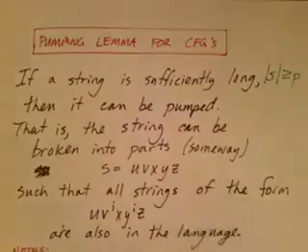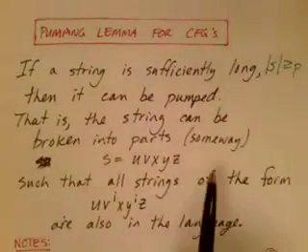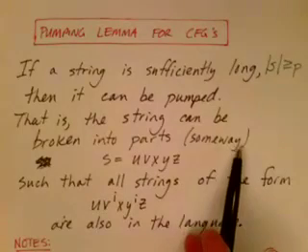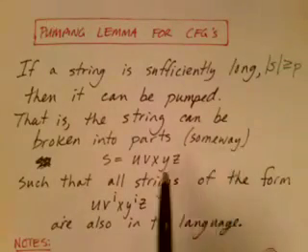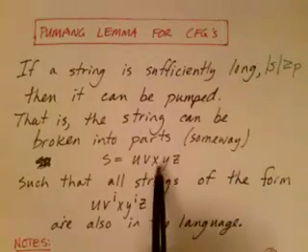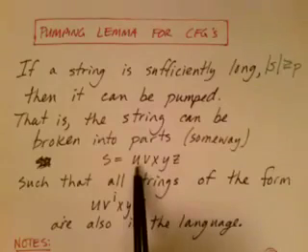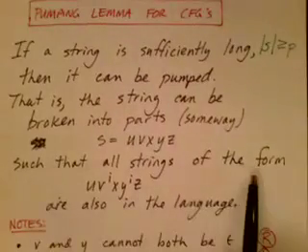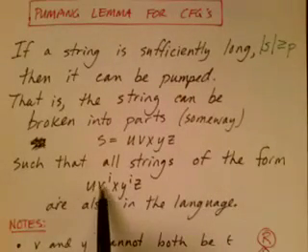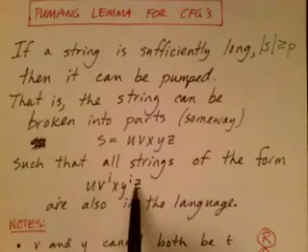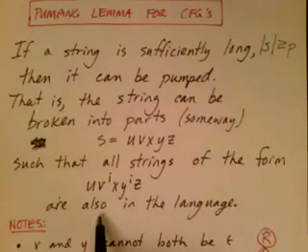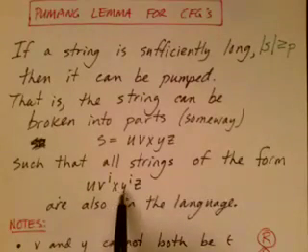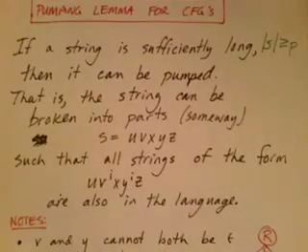It might not be clear exactly how, but for a sufficiently long string, if it's in the language and the language is context-free, then we know that string can somehow be broken apart into 5 pieces, and that all of the strings of the form U, V to the i, X, Y to the i, Z are also in the language. Okay, the language must contain those strings as well.